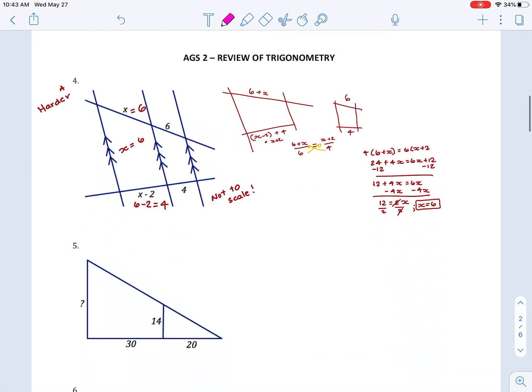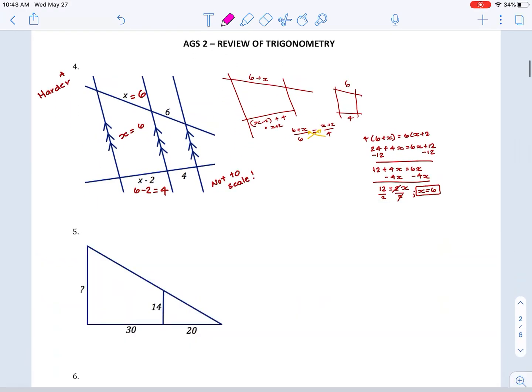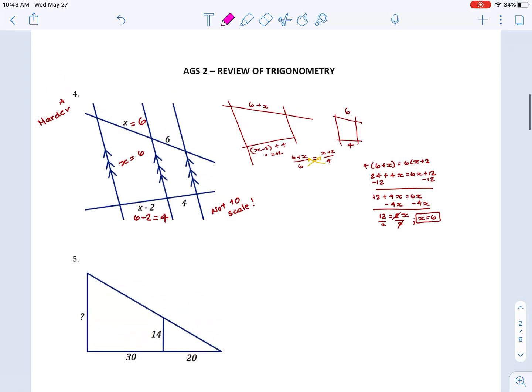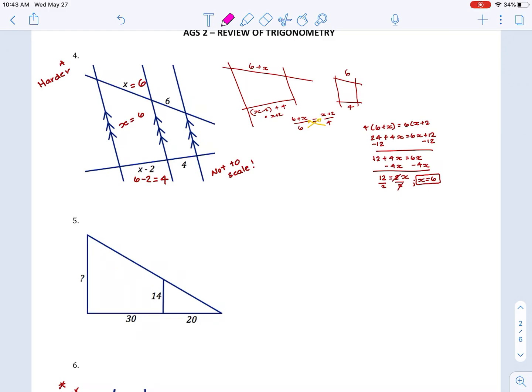Okay, very good. Now we're getting on to the ones with parallel lines, okay? So let's try to follow the steps that were done for us here. So we can see that this is the situation that we have here. And you're, again, matching up parts that kind of match. So see this 6 plus x, okay?